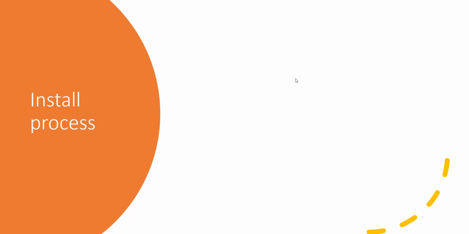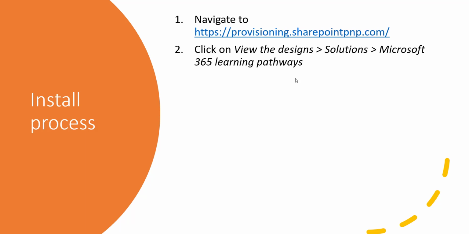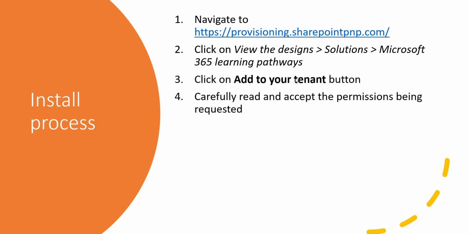The install process itself, I'll just go through it quickly here. You navigate first to this URL, provisioning.sharepointpnp.com. You click on the View the Designs link, Solutions, and then Microsoft 365 Learning Pathways. You click the Add to your tenant button.